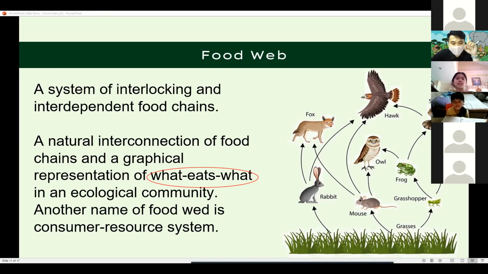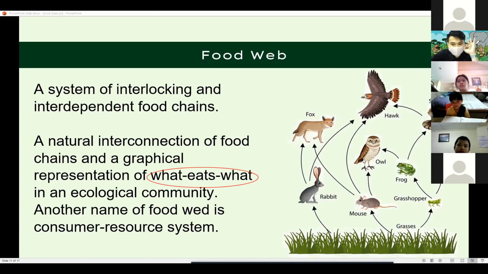Number 1. Okay, so one food web, a food chain. Next, grass, rabbit, hawk. 2. You understand? Yes. So it has 2 food chains now. Next, grass, mouse, fox. 1 again. Grass, mouse, hawk. 2. Grass, mouse, owl. 3.